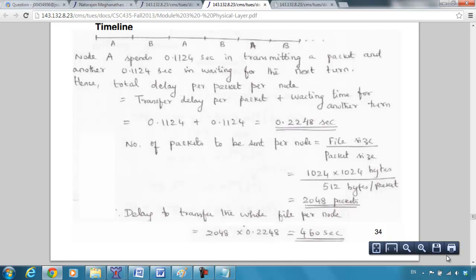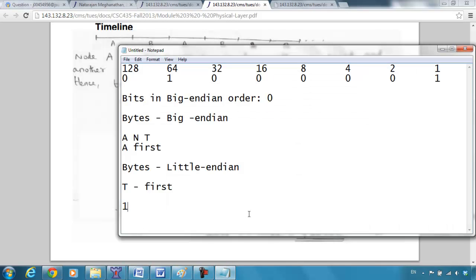So now we want to also find the number of packets that each machine needs to send. You're given the file size, which is 1 megabyte. So 1 megabyte is 1024 kilobytes. 1 kilobyte is 1024 bytes.